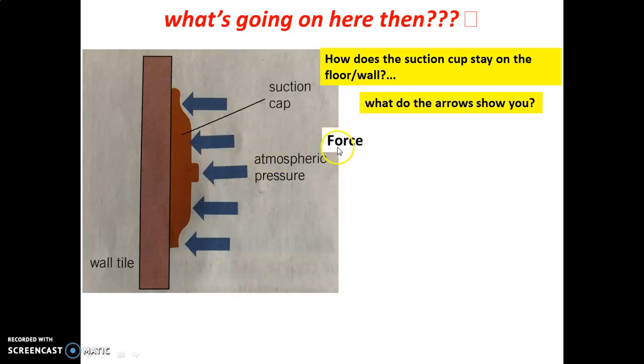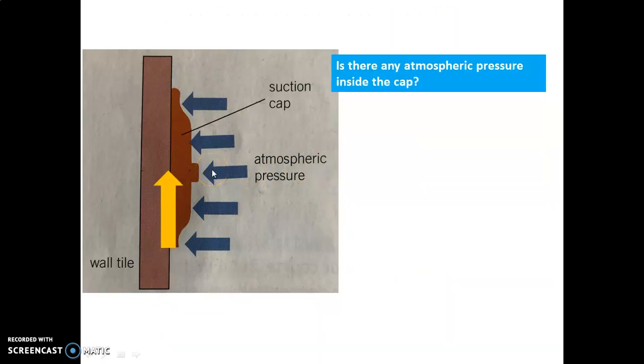Well, there is a force being exerted onto the suction cup from the outside of the actual cup itself, and that is because of atmospheric pressure. So there is a force being exerted on the suction cup due to atmospheric pressure. Now, is there any atmospheric pressure at this point here between the wall and the inside of the cup, or the cap in this case?